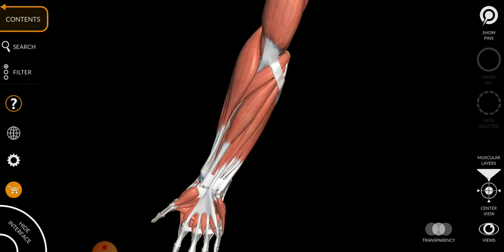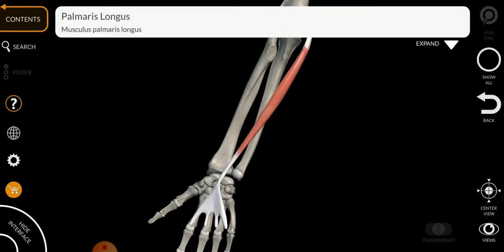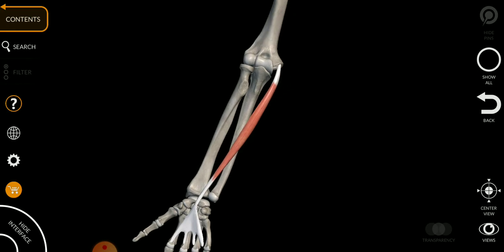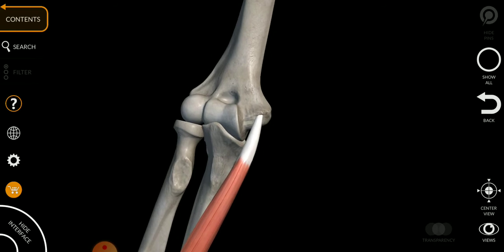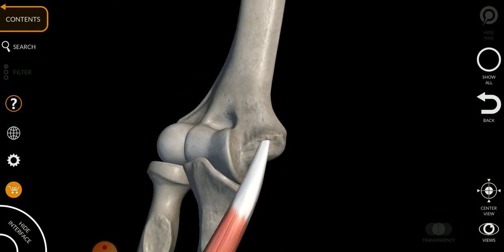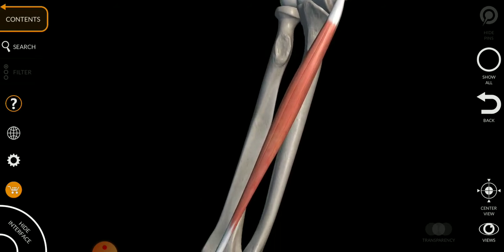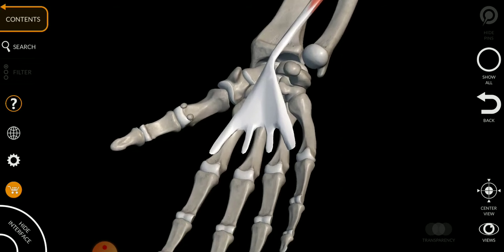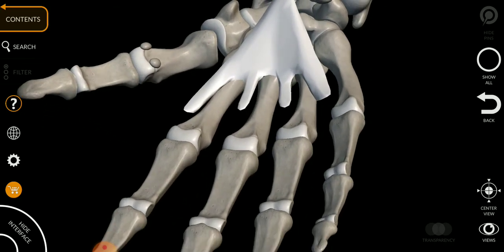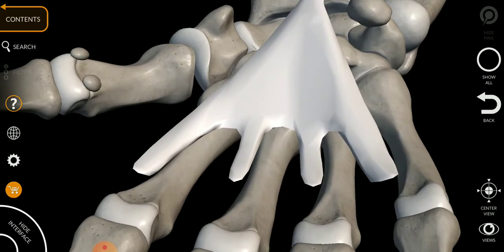Another muscle is the palmaris longus. The palmaris longus is a very long muscle, and again has its origin from the medial epicondyle of the humerus. We can see here it has a medial epicondyle origin, and the insertion is very long and has 3 to 4 points. As we can see, these tendons are not attached to the bone.